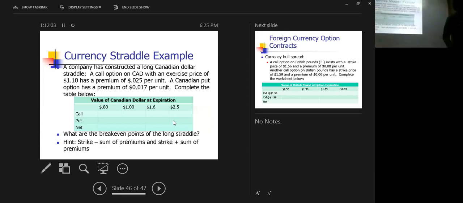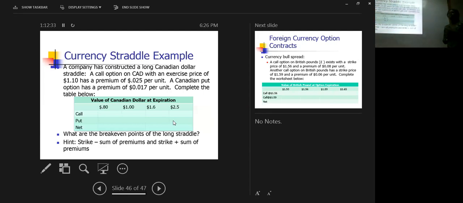Yes, it's in the money. That's minus 0.325, sorry. The put is in the money by how much? 0.317. So you net that up, right?